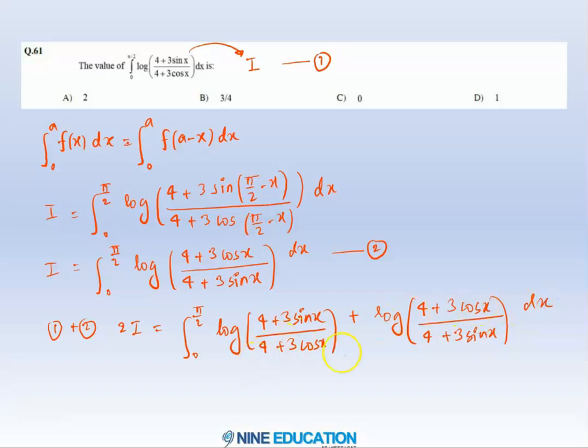And we know that log m plus log n is log m into n. So I can write 0 to pi by 2 log. If you observe these two brackets, if we multiply, the terms will get cancelled and we can simply say it is log 1 dx. And log 1 is 0, and therefore the entire answer is coming out to be 0 for 2I, and therefore integral I, that is also 0. Correct option is C.